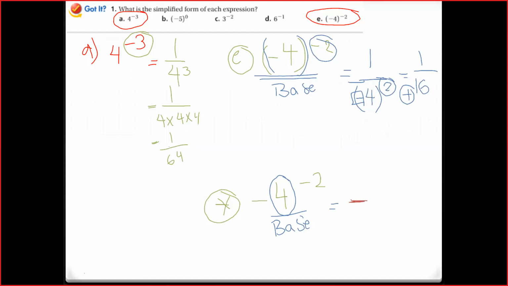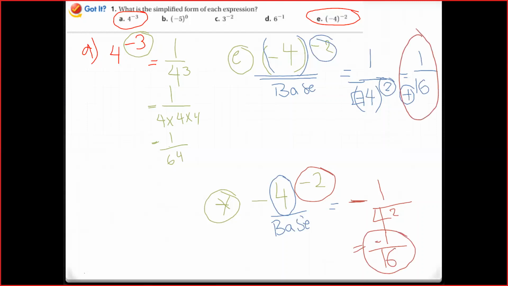Then what is the reciprocal of 4? 1 over 4. And what is the opposite of negative 2? Exactly. So it will be negative 1 over 16. This is the difference between them. The first one is 1 over 16, and the second one is negative 1 over 16.